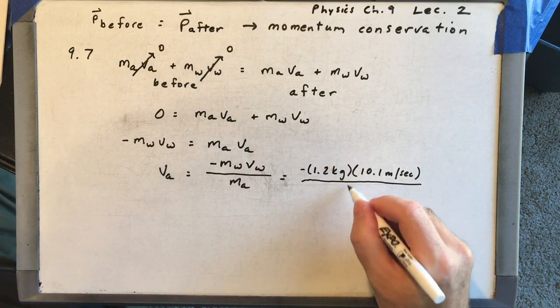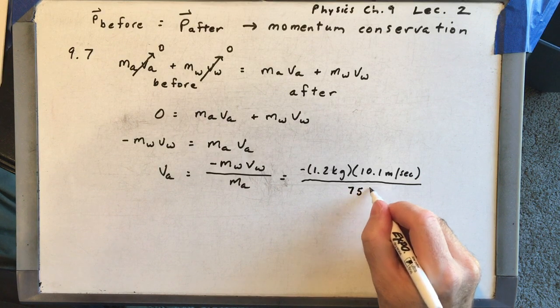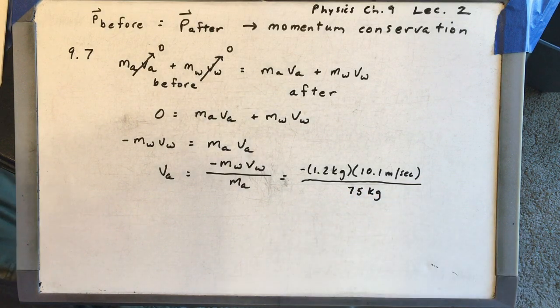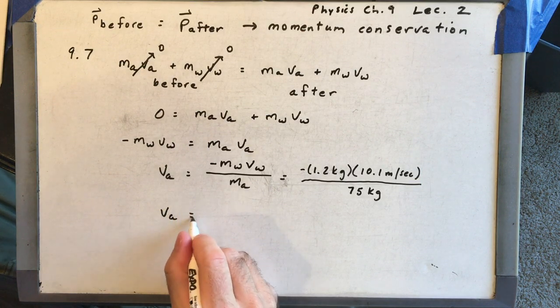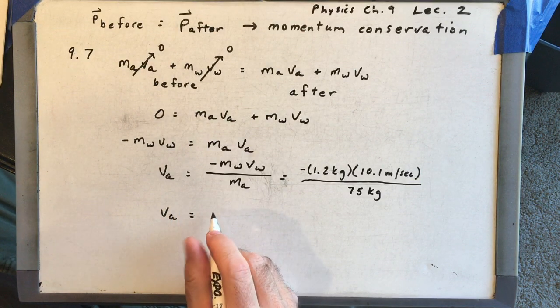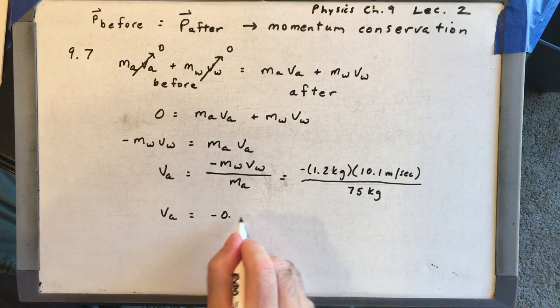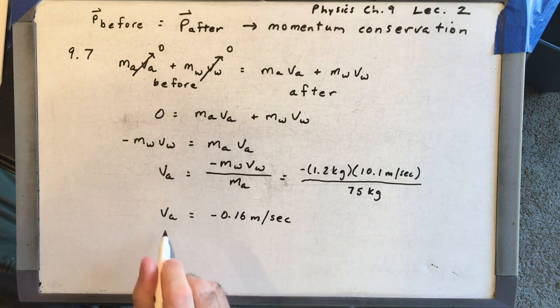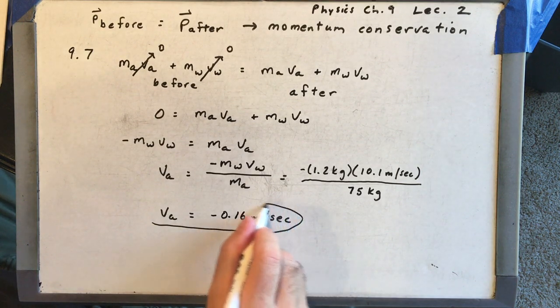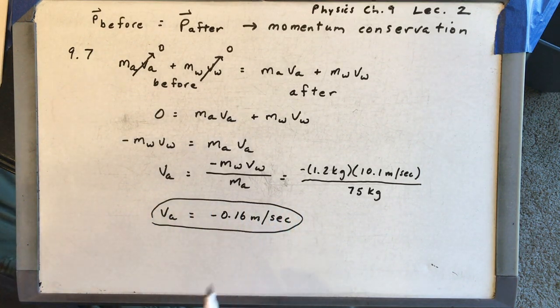And the astronaut is 75 kilograms. Okay, so he's going to float back to his ship at minus 0.16 meters per second. If he'd thrown it a little harder, he would go back towards the ship a little faster. All right, so I hope he doesn't have to pee because it's going to be a while before he gets to his ship.